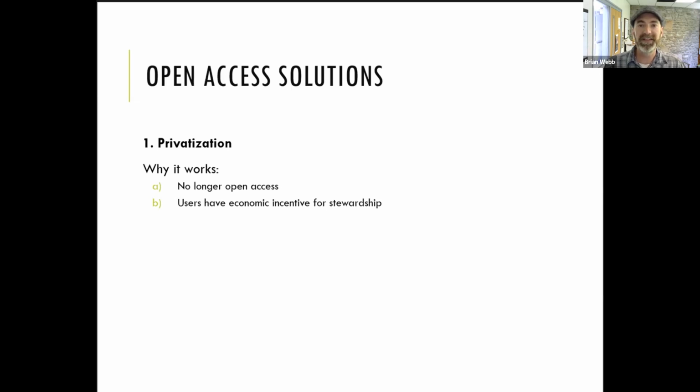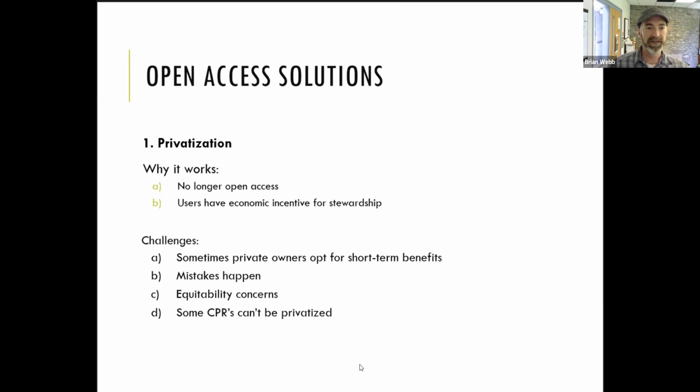So it's in the economic best interest of that owner to practice wise stewardship of that resource, because if they degrade that resource, they're only hurting themselves. Like you saw in the video, if one farmer owned the land, then he wouldn't abuse it by putting too many cattle or sheep onto the land, because it would only hurt himself to do so. So he has no interest in doing that. So privatization can work for that particular scenario.